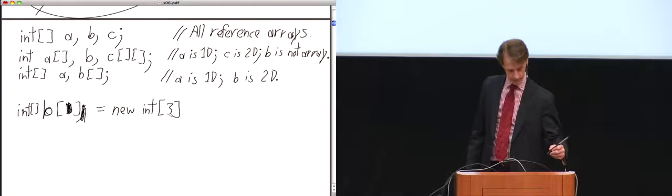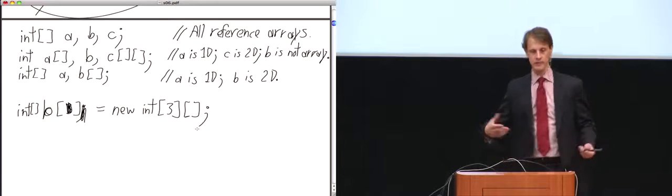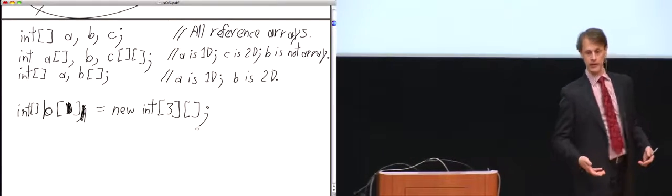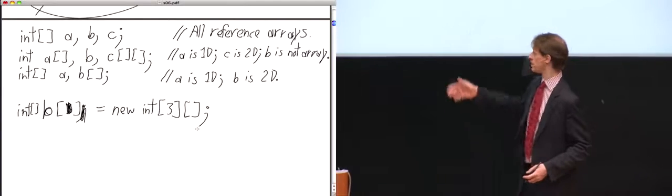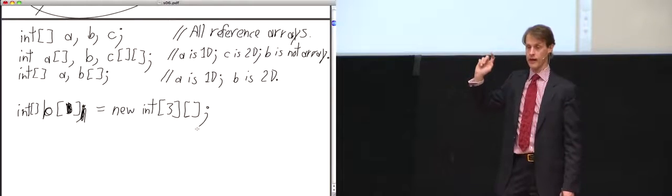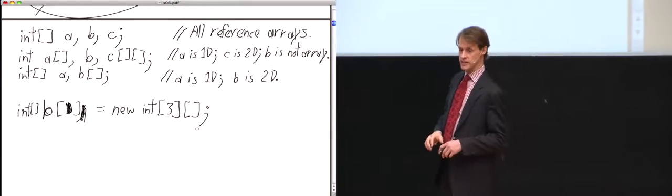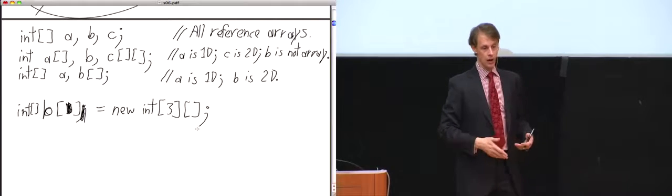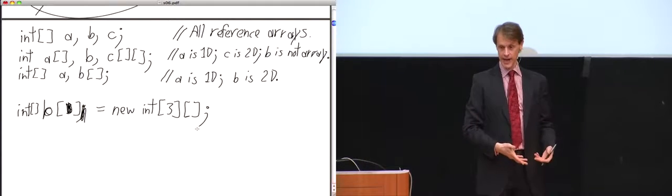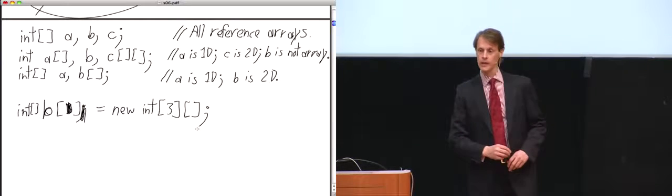So in this example, if B is a two-dimensional array, here I'm declaring an array of 3 references to arrays of ints. But the numbers always come on the right-hand side when you do the allocation of the array in the new statement. They never come in the declaration itself. So Java is different from C in that regard.